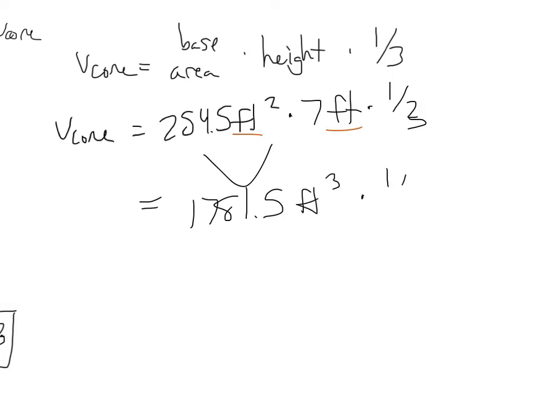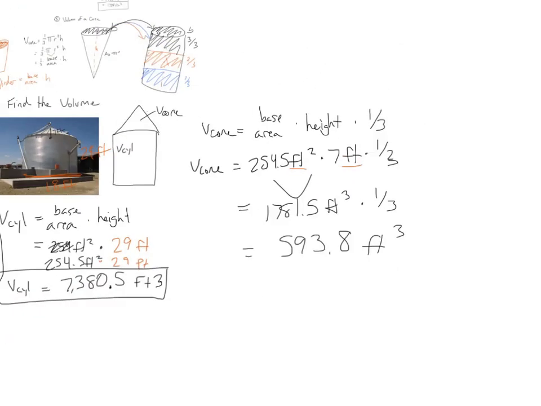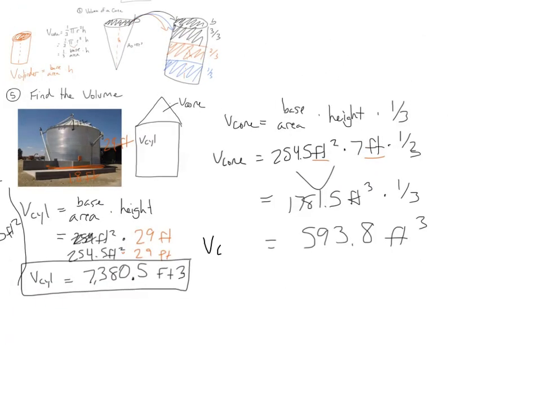But now we're taking that times a third. So I'm just going to leave 1781.5 in my calculator and say times, parentheses, 1 divided by 3, end parentheses, for a third. What that ends up getting us is 593.8 feet cubed. And that, again, was the volume of the cone.